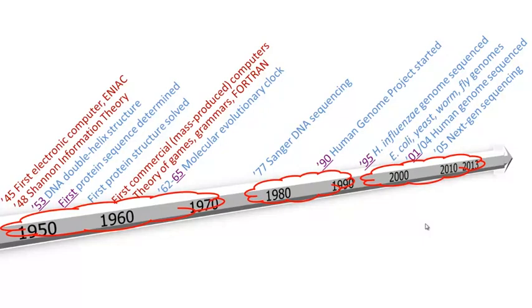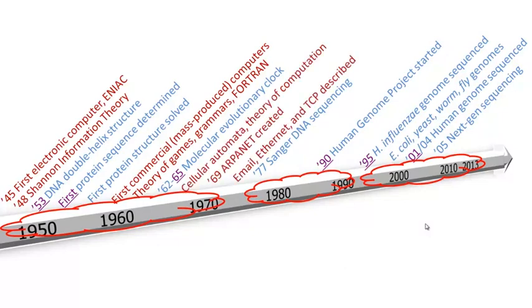Also in the 1950s, the theory of games, computer grammars, and the first high-level language Fortran were invented. The 1960s and 1970s saw great growth of computer technologies. In 1969, ARPANET established the first connection between Stanford University, UC Santa Barbara, UCLA, and University of Utah.